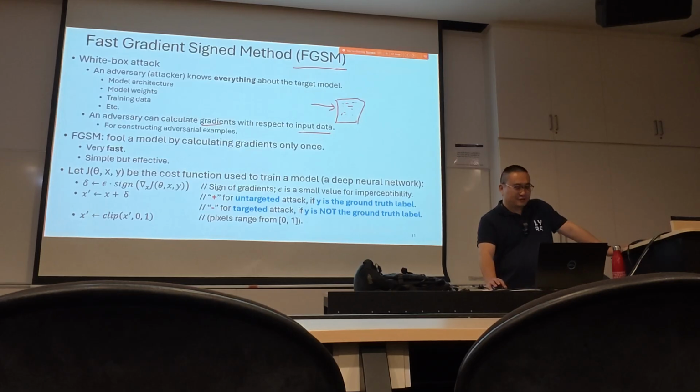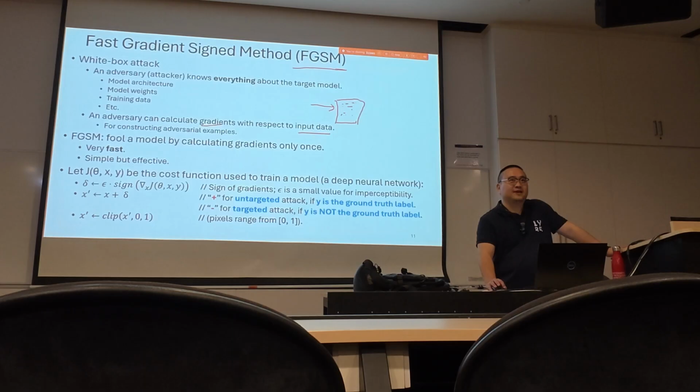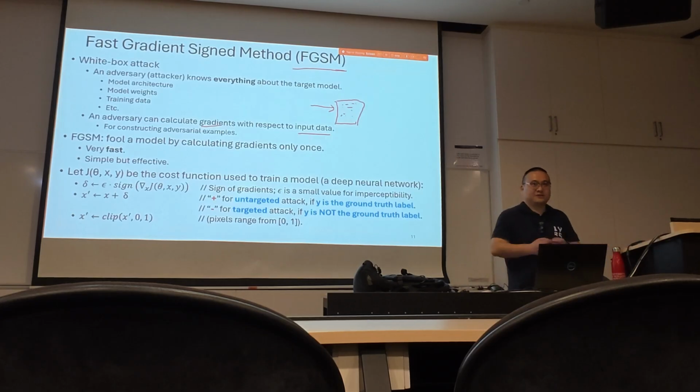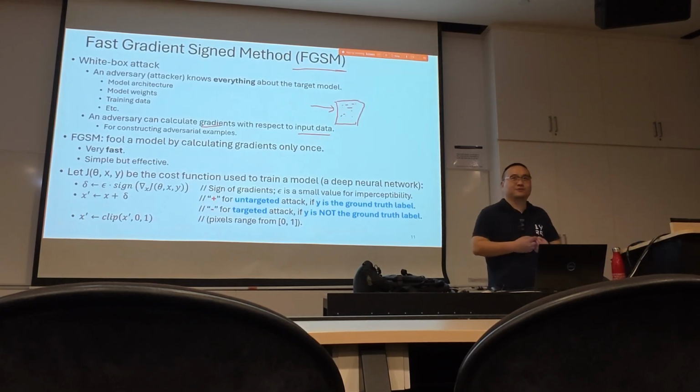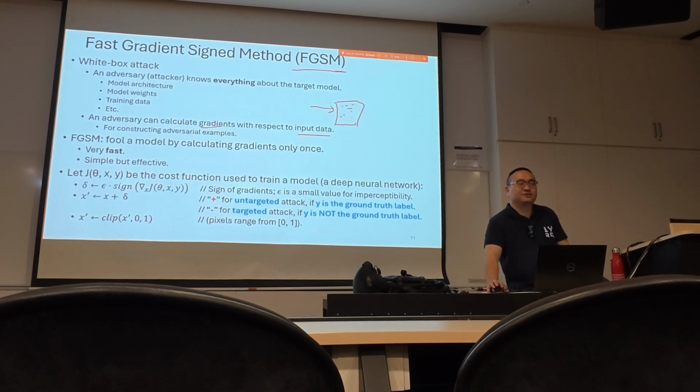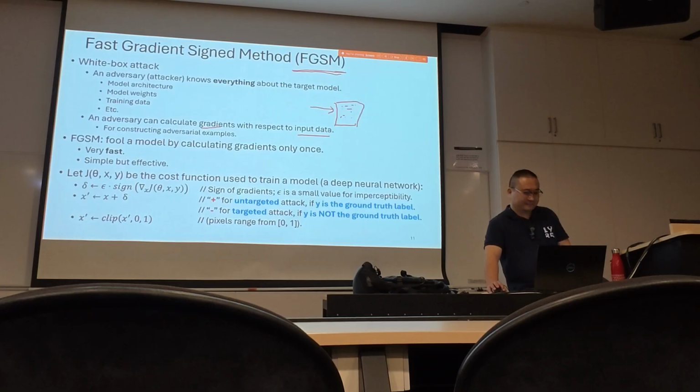They tried to modify the image along the direction of gradients, to change the model's classification score. But then they found that if they modify the image just a little, the model will say, oh, this is a dog, although visually this is still a panda. And then they realized, oh, this actually is a security issue in machine learning. And this gives rise to the fast gradient sign method.